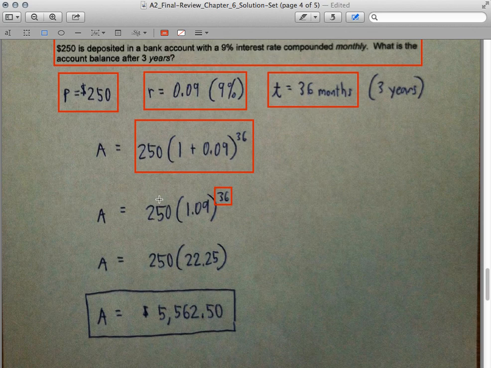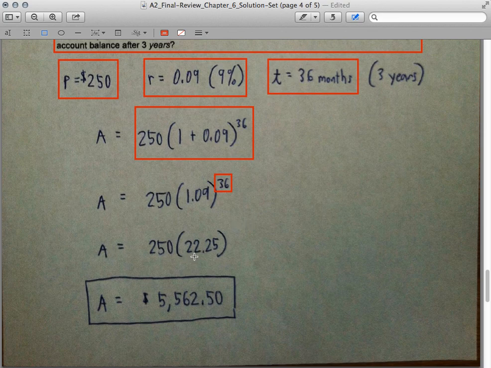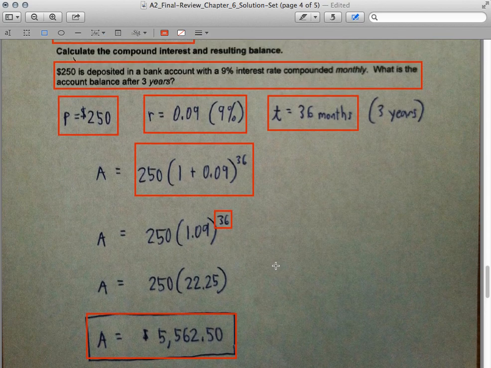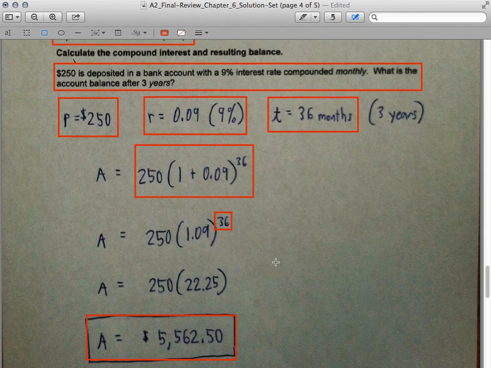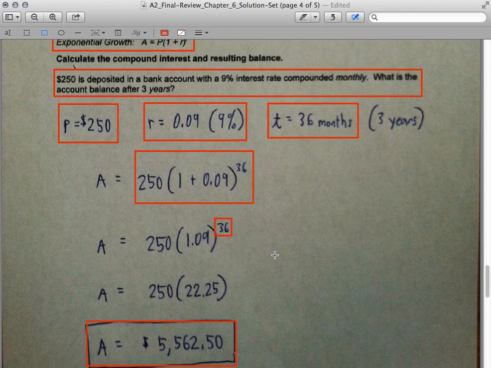Please keep that in mind in terms of our order of operations. 1.09 to the 36th power yields a value of 22.25 when it's rounded to the nearest hundredth. And then 250 times 22.25 gives us our final amount of $5,562.50. That is the amount of money that will be available in the bank account after 3 years.